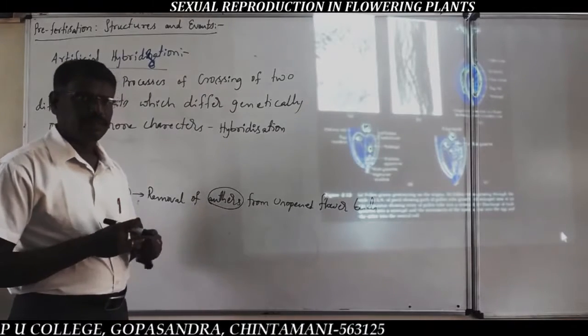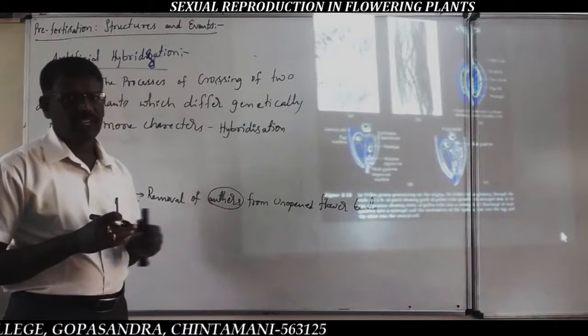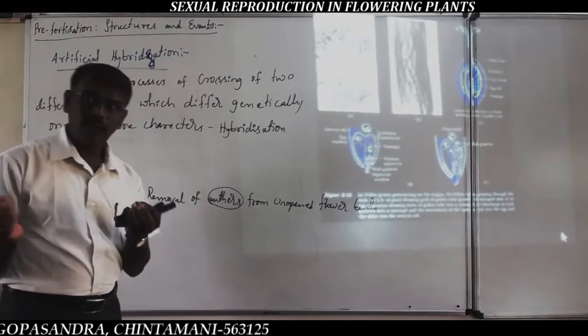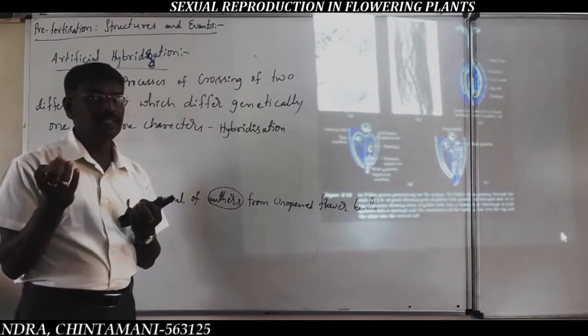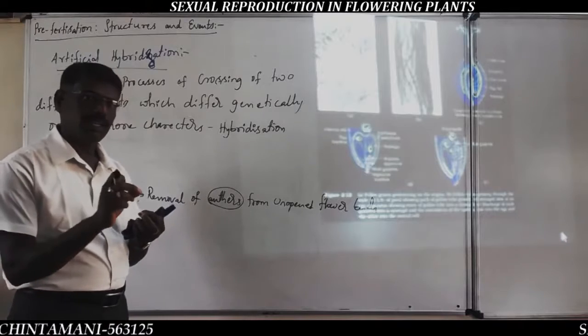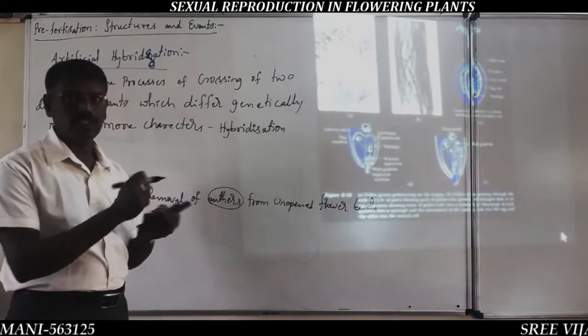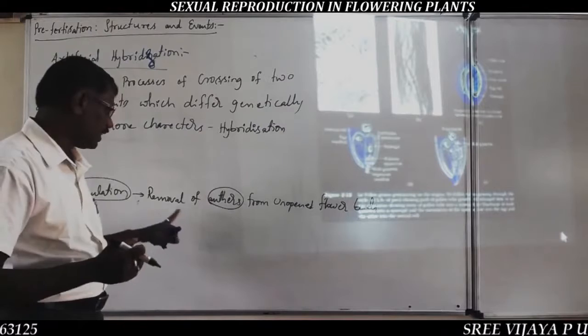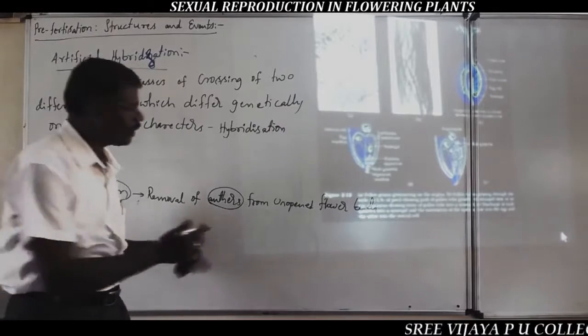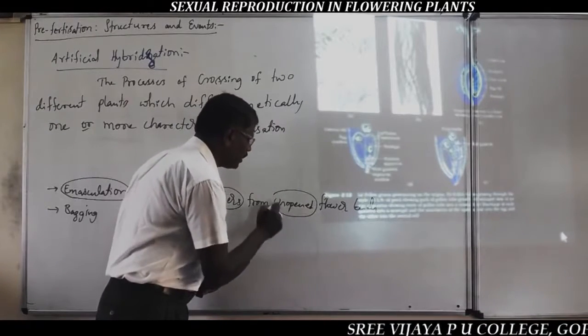So we remove the anthers, then collect the desirable pollen grains and cross them. That's why removal of anthers from unopened flower buds is very important.